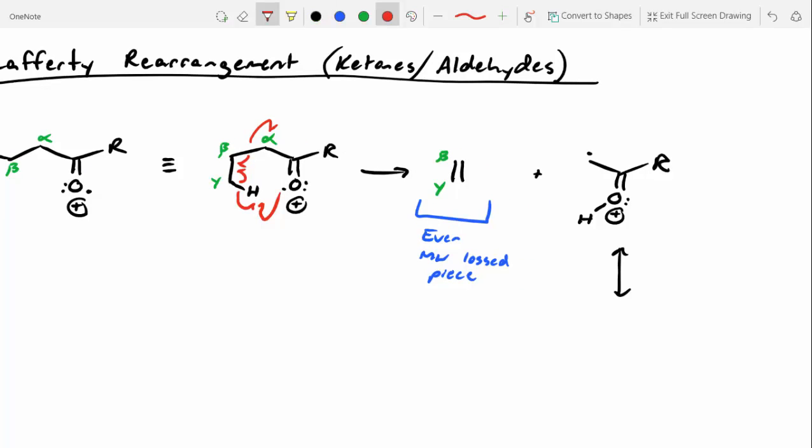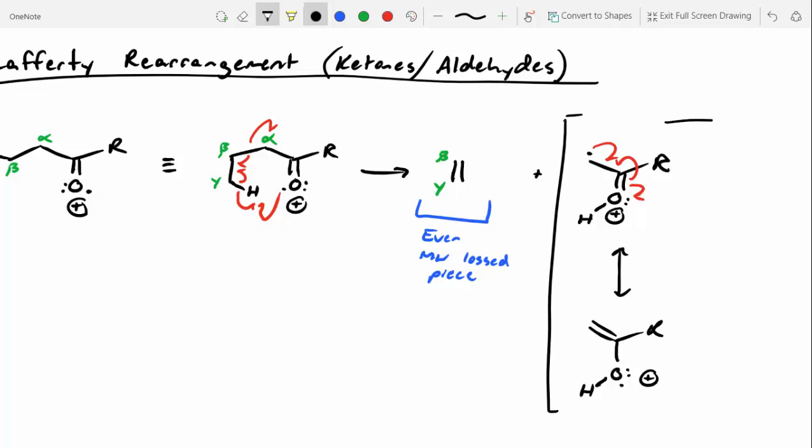So we can move this here, and move one of these electrons up. Oops, let me clean this up. And now the positive charge is delocalized across that oxygen.